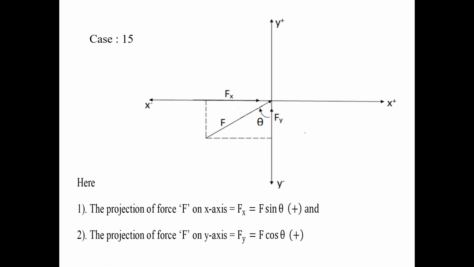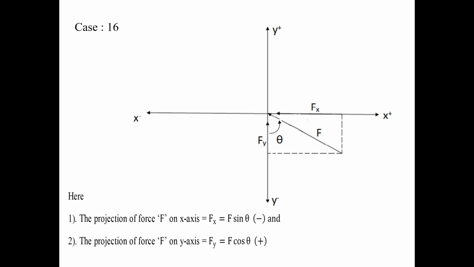Then the 16th condition. Here Fx is f sin theta, Fy is f cos theta, Fx is a negative projection, Fy is a positive projection. So we discussed a total of 16 conditions in the projections of a force.